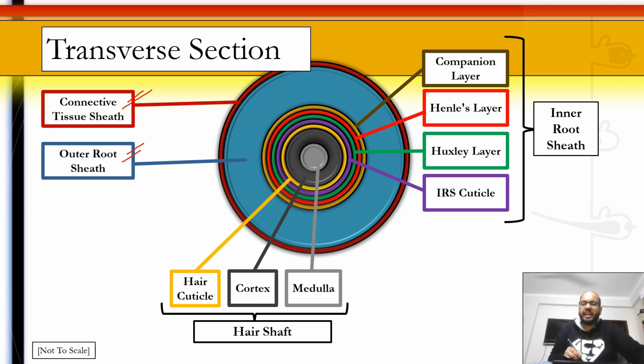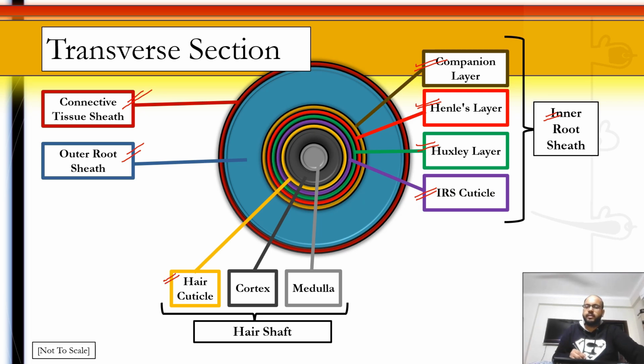Clear? As we go inside, we have the IRS cuticle, the companion layer, the Henle layer, the Huxley layer, together forming the inner root sheath. So this IRS plus ORS plus connective tissue sheath is part of the perifollicular unit. Clear? Now we talk about the hair shaft.